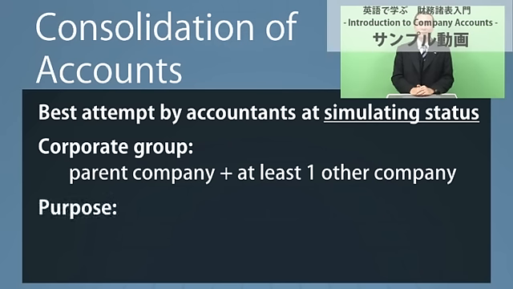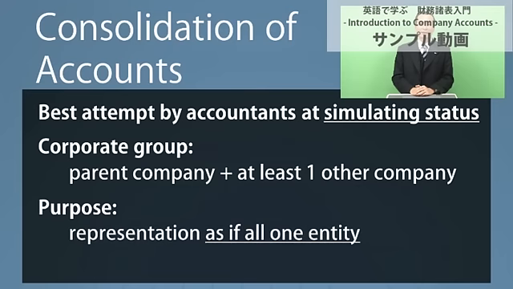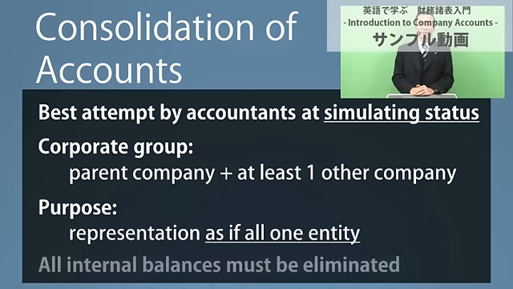As the purpose is to represent all assets, liabilities, income, and costs as if they were all one entity, all internal balances and earnings must be eliminated. That means only showing the profits and/or losses as if they were generated by a single aggregated company made up of the parent and subsidiaries, and so on, after they joined the corporate group.